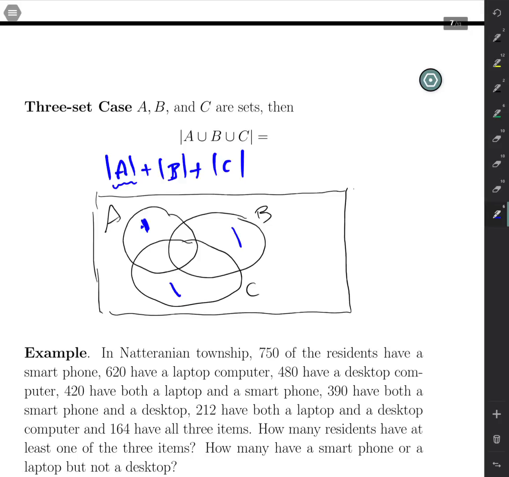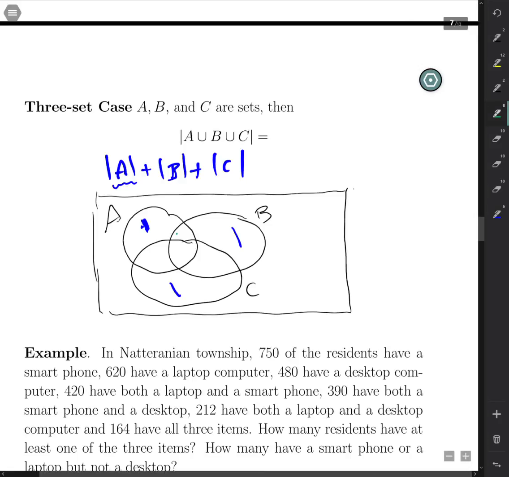Now, if we go in a little deeper, something in here is counted 2 times, because it's in A and B. Something in here is counted 2 times, it's in A and C, but not in B. Same with this here, it's in B and C, but not A, so it's counted twice. The thing in the middle is in all 3 of them, so it's counted 3 times.